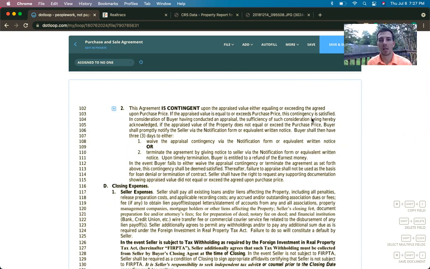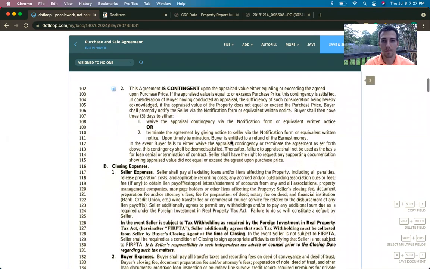So just a kind of common courtesy for buyer's agents, if the home has appraised for the purchase price or higher, just let the seller's agent know so that way they can comfort the seller. There's a lot going on. There's a lot on the seller's mind. It's just common courtesy to let them know, hey, the property did pass appraisal. It's not required, but it's just good practice and keeping good communication.